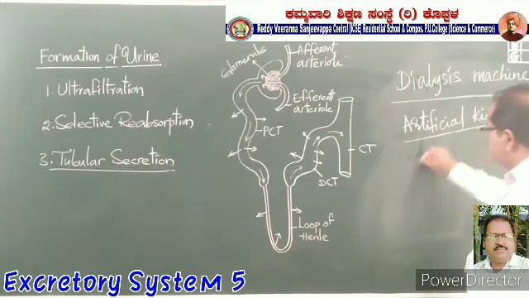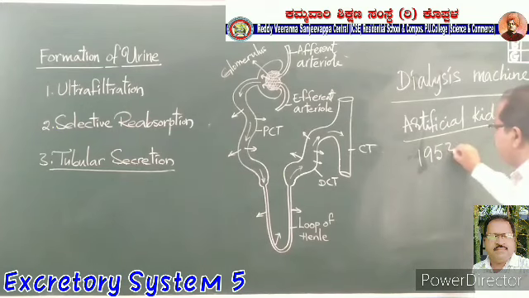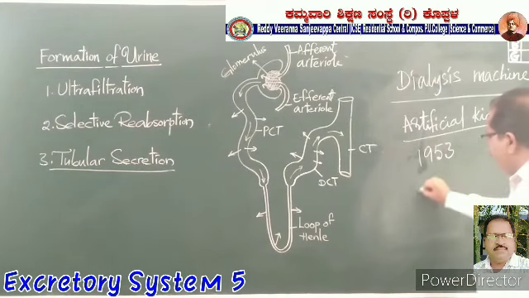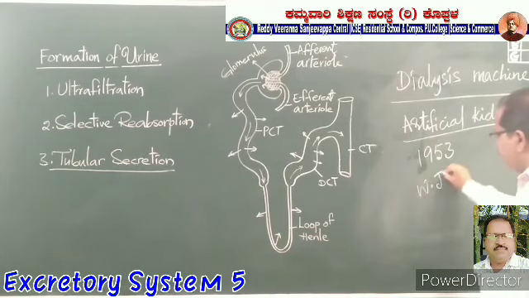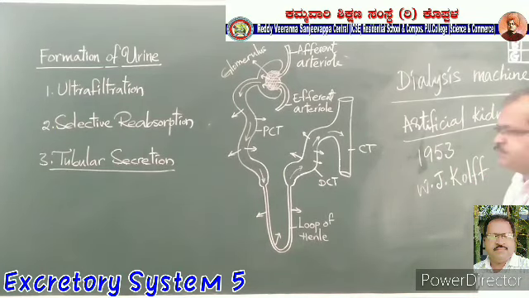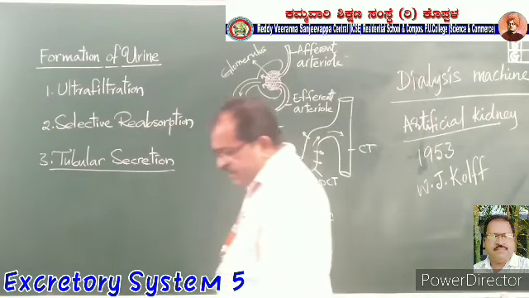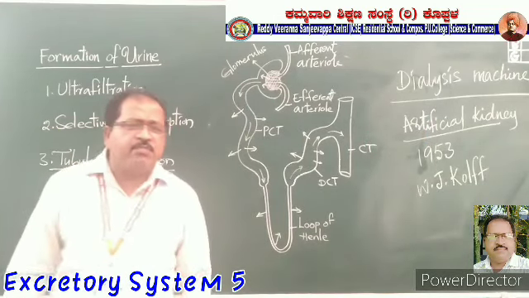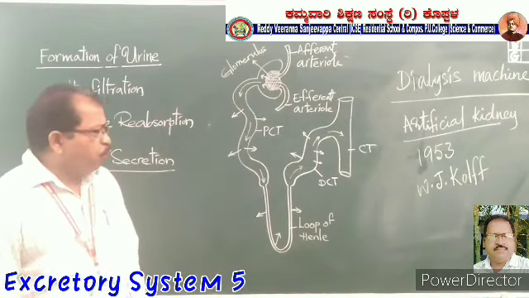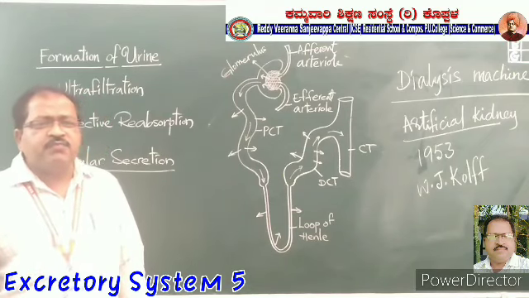This artificial kidney was first invented in 1953 by William J. Koch.